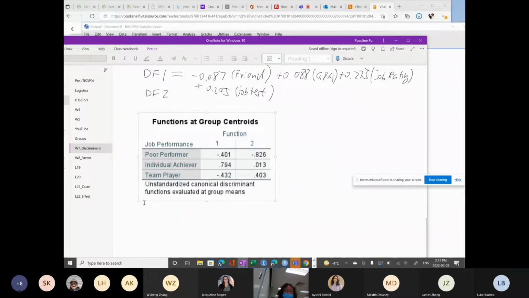This table tells you which group is separated by which function.